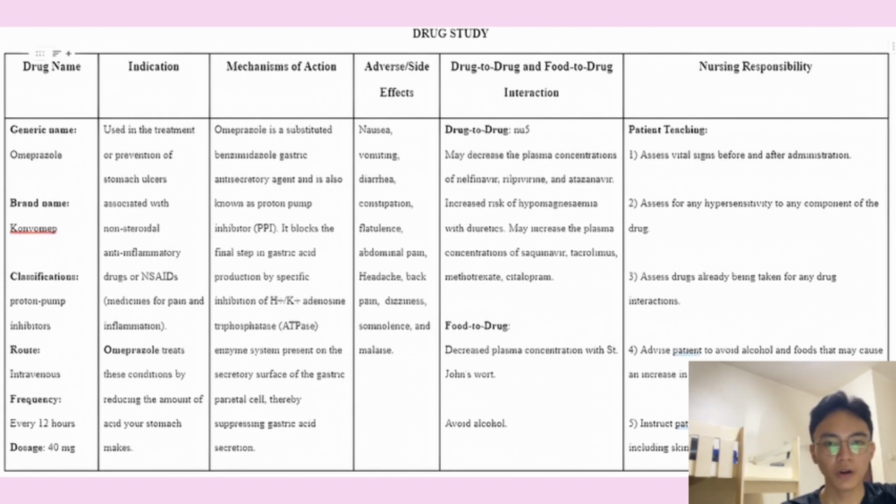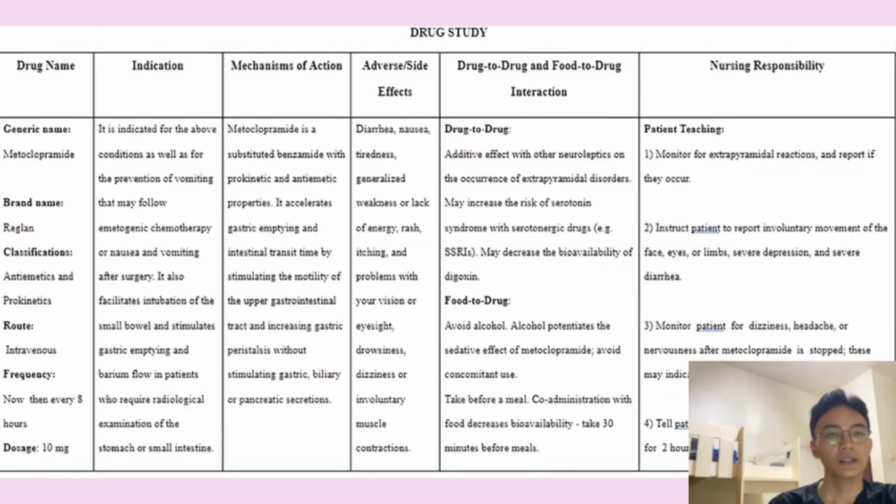So moving on, we have the metoclopramide. This is used to treat nausea and vomiting in patients with gastroesophageal reflux disease or diabetic gastroparesis by increasing gastric motility. It is also used to control nausea and vomiting in chemotherapeutic patients.